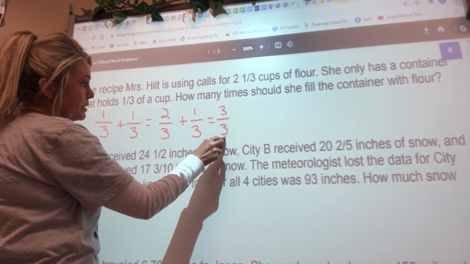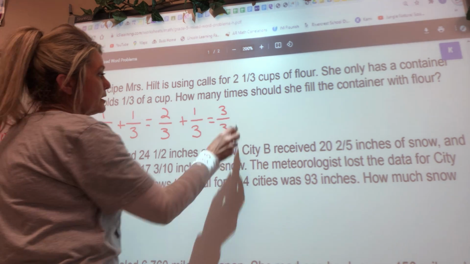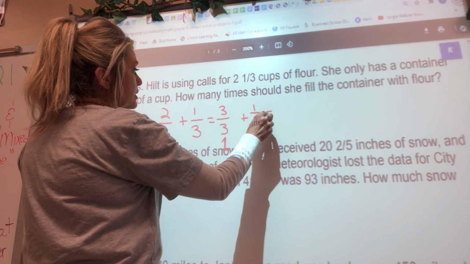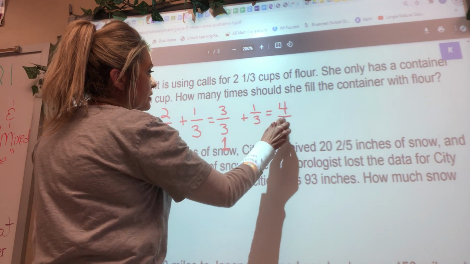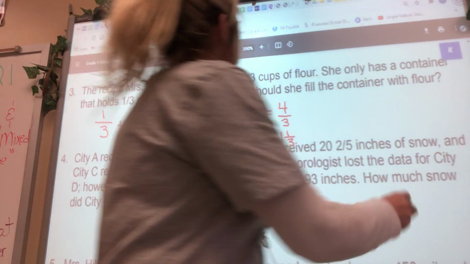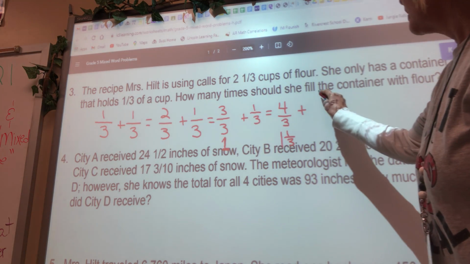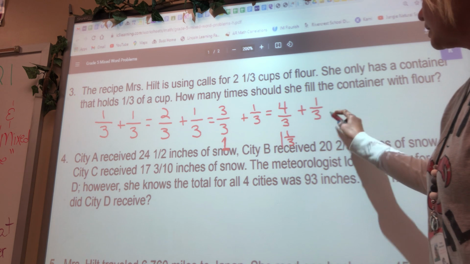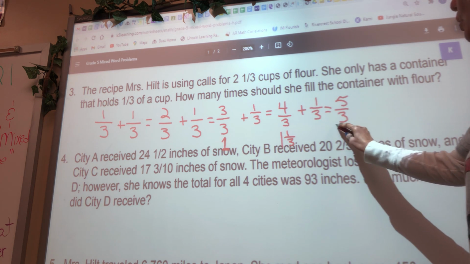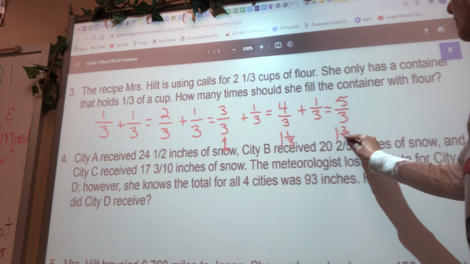So there's 1 cup. If we add another third, we would have 4/3, which is 1 1/3 cups. If we added another third of a cup, we would have 5/3, which is 1 2/3.